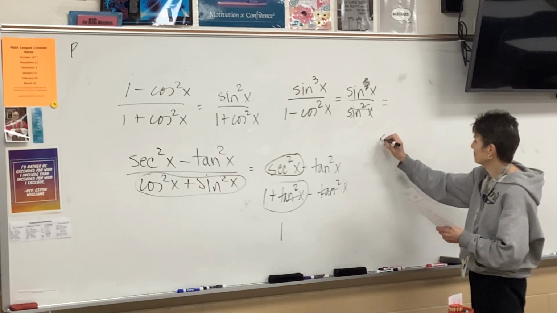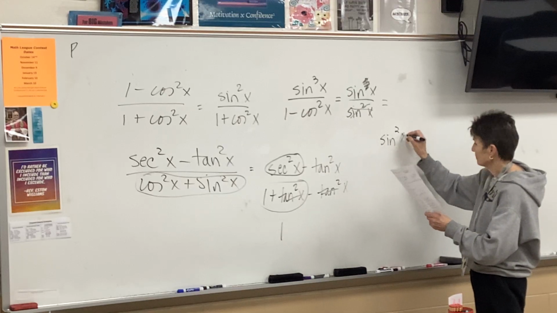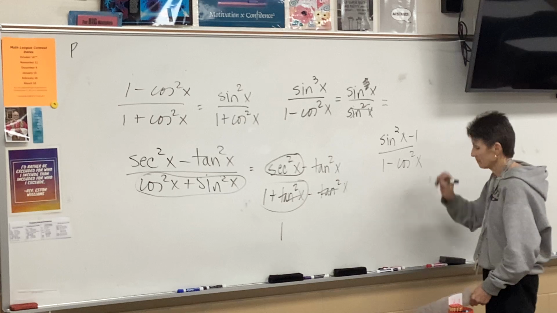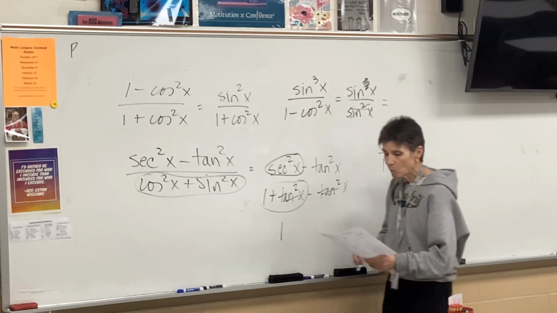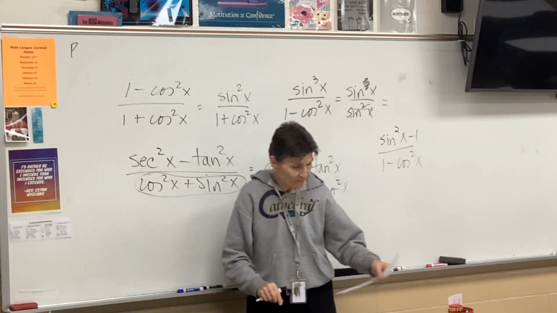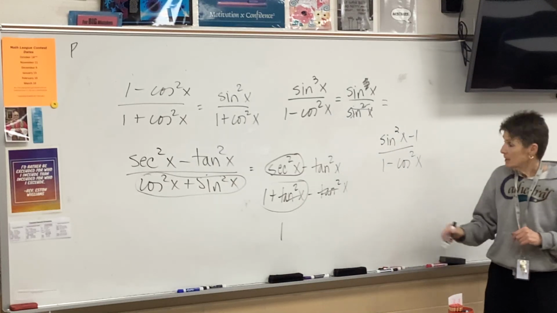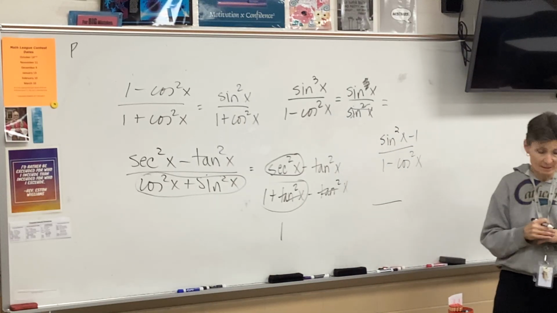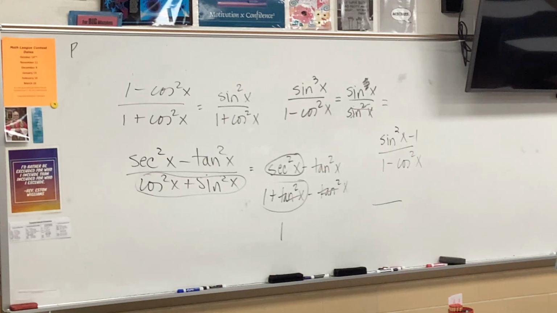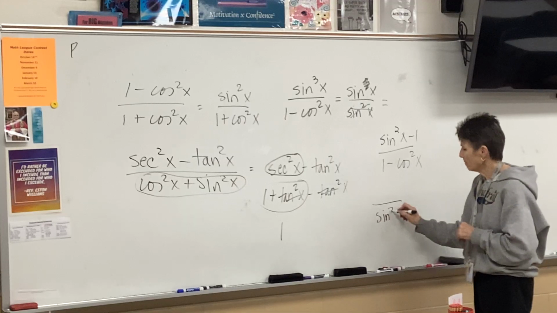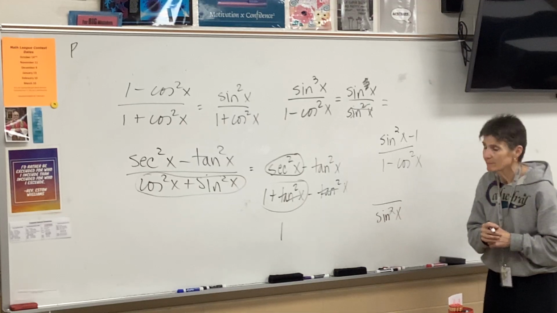One more. This one introduces a little bit of a tricky thing too. Now, not the bottom. The bottom you should know immediately. What is on the bottom? 1 minus cosine squared is sine squared. So the bottom is sine squared.